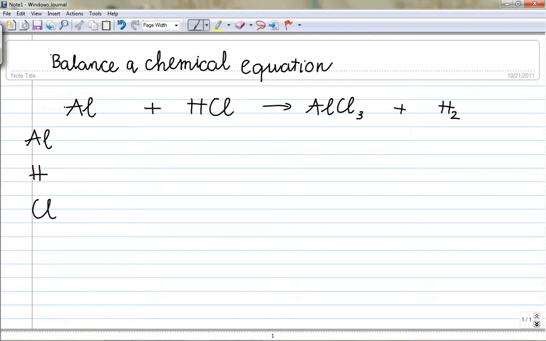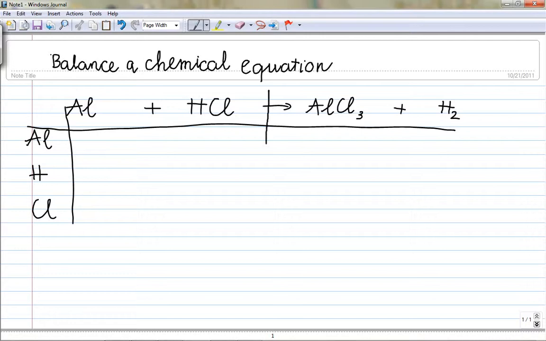So let's look at the left hand side and the right hand side. How many aluminum atoms do I have on the left hand side? 1, which is this one. How many aluminum on the right hand side? Also 1. So 1 and 1.